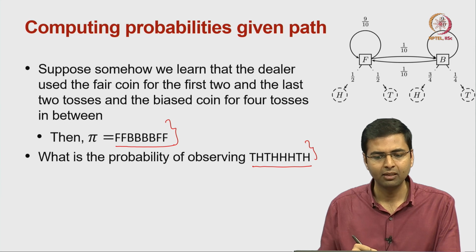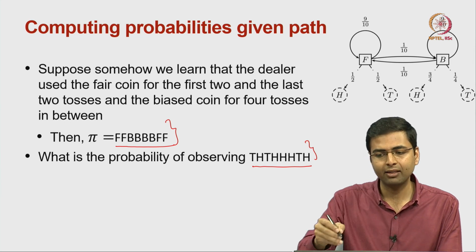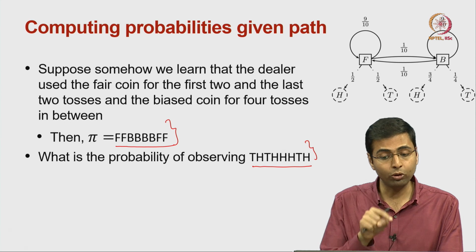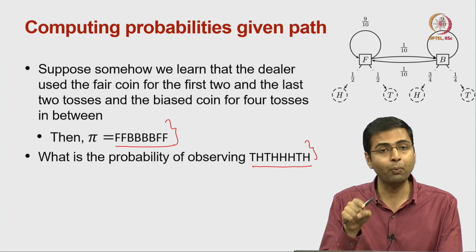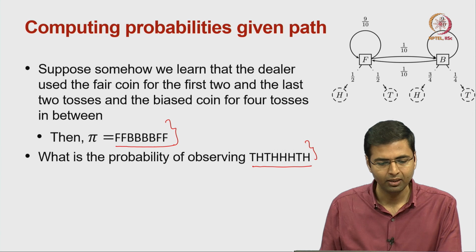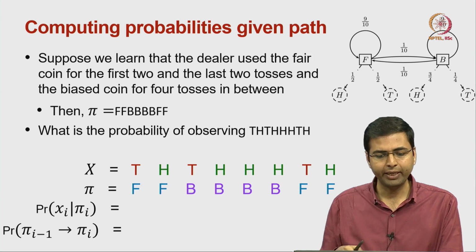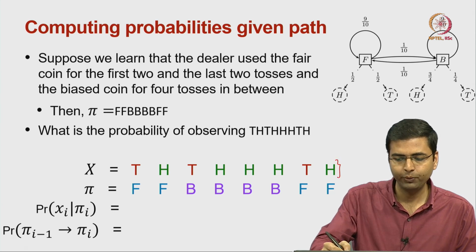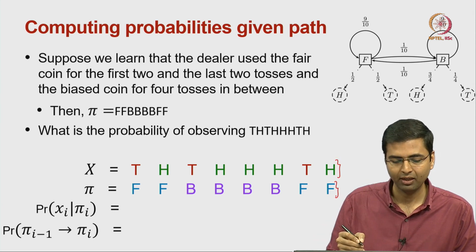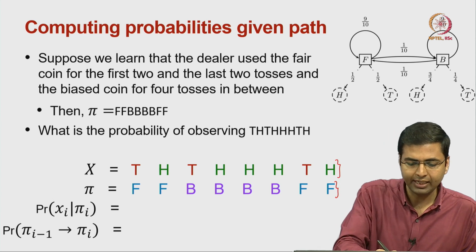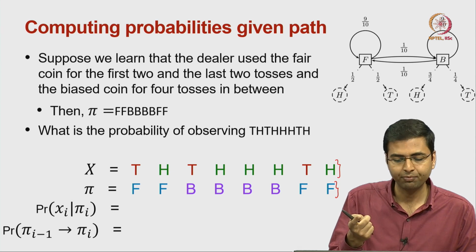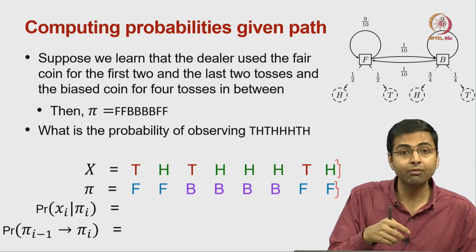How do we answer that? Well, that is simple, because all we have to do is look at the state transition probabilities from the HMM as well as the emission probabilities from the HMM, and this time we have the full knowledge, that is, we know both the observations as well as the sequence of hidden states. So, we can write down the sequence of observations and the sequence of states. For the first point, we know that the fair coin was used and we observed tail.